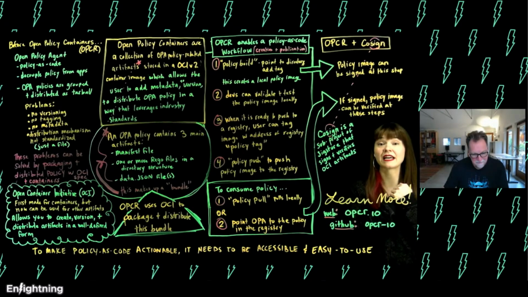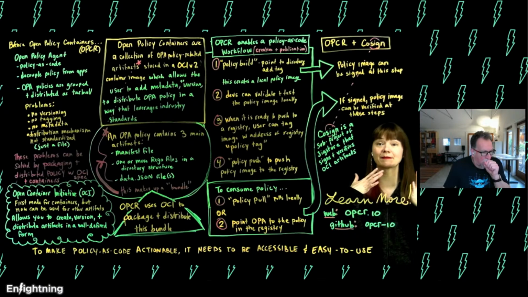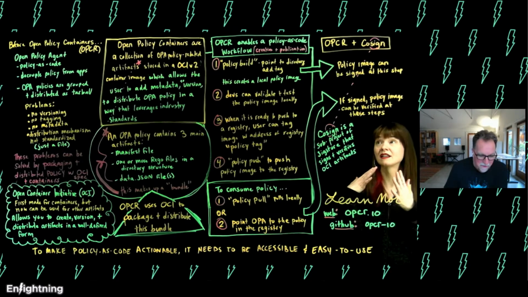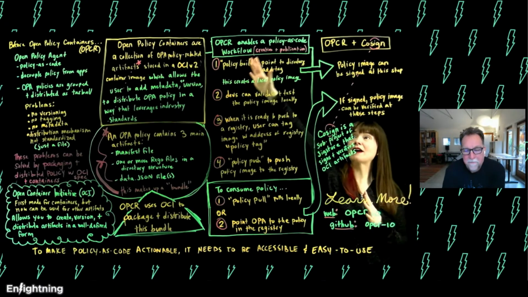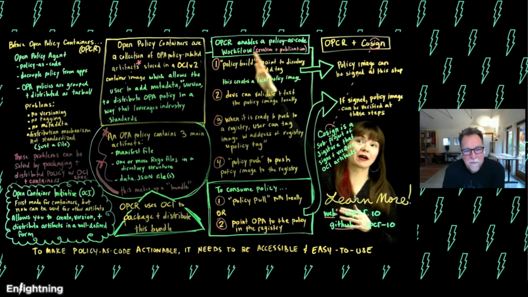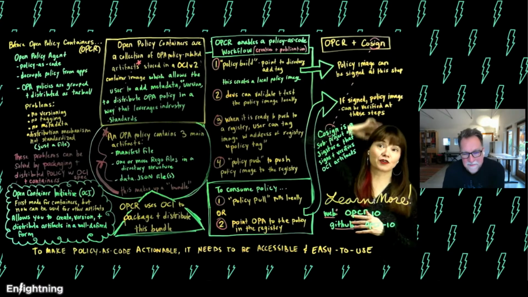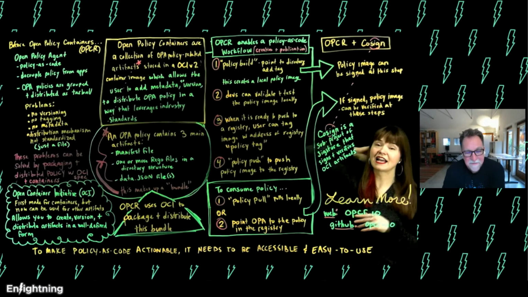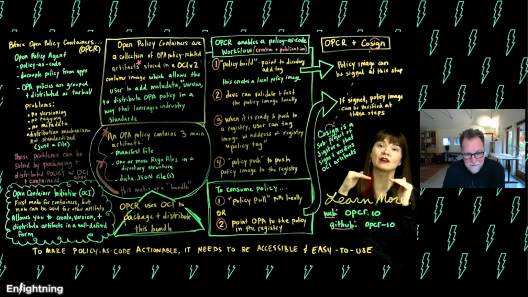You actually use it with commands that are very similar to the whole Docker process. So we talked about a workflow to create and publish these policies. There's a CLI tool called policy, and that's part of Open Policy Containers.